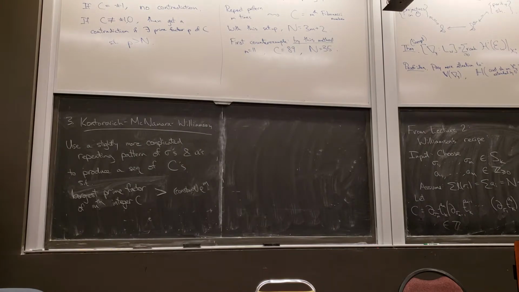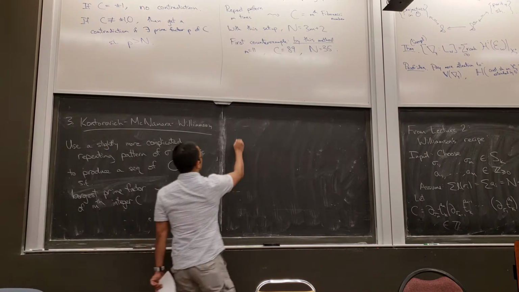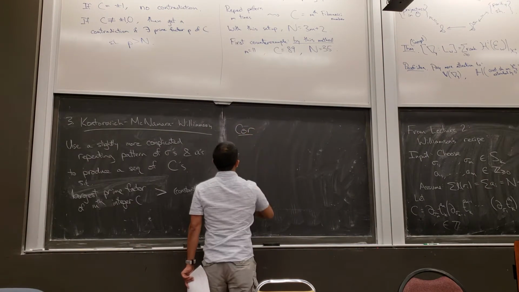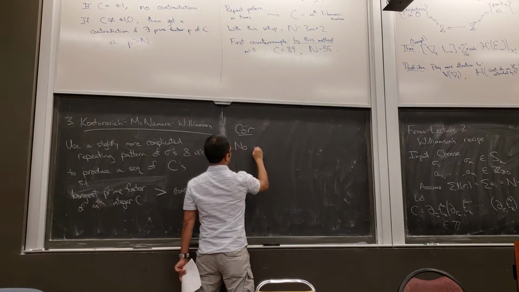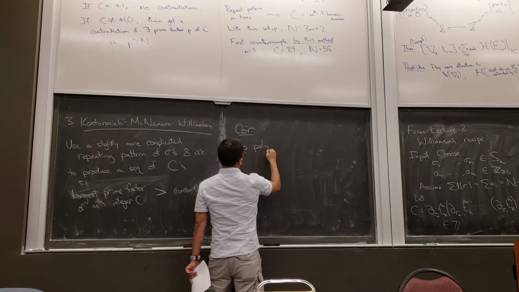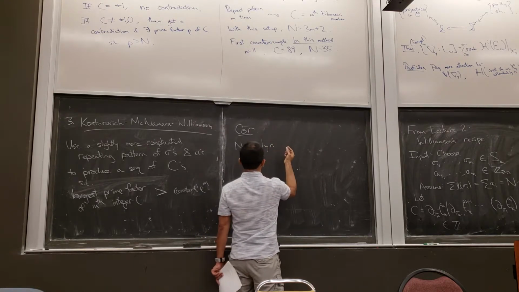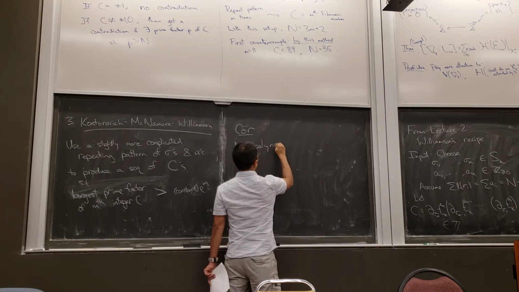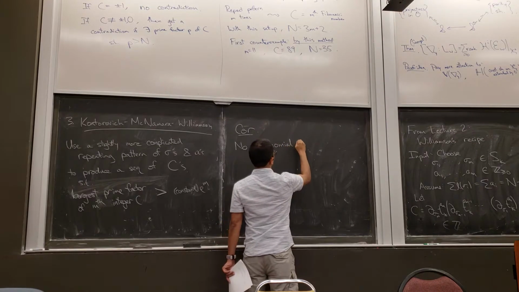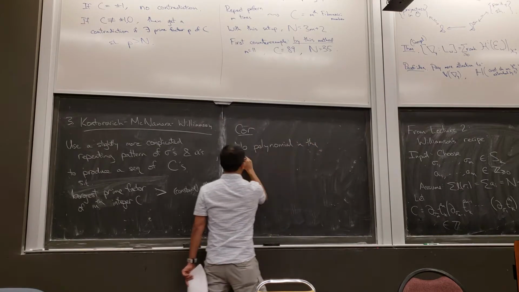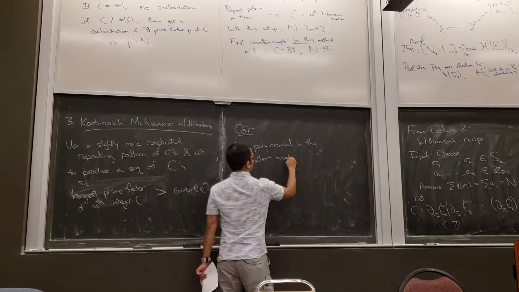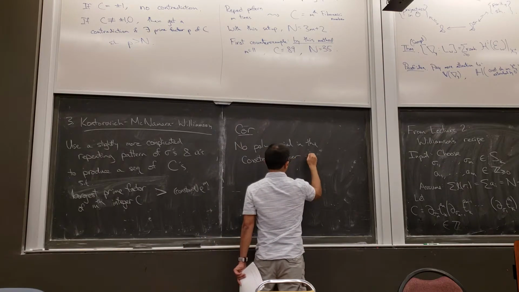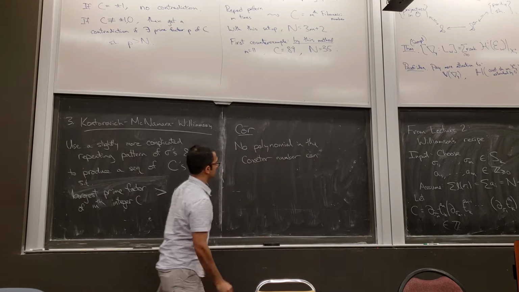And this means that no polynomial in the Coxeter number, since every polynomial grows more slowly than an exponential, can be a bound beyond which the Lusztig conjecture is true.